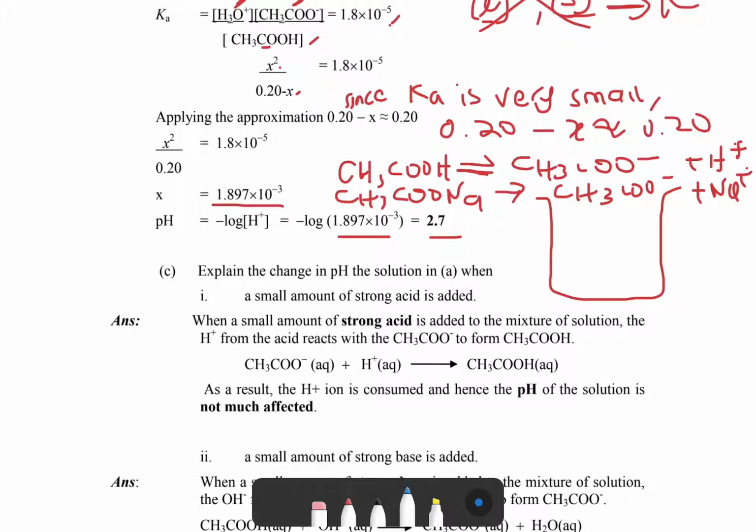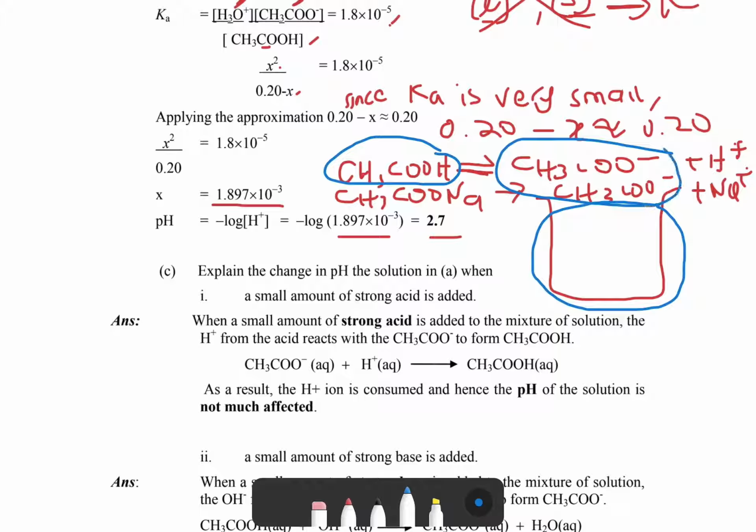So in these solutions, dalam buffer solutions tu, yang paling banyak wujud adalah the weak acid itself and the conjugate base. Kenapa weak acid? Because weak acid dia slightly dissociate to form the ion. So bila dia dissociate, dia masih banyak dia punya weak acid.